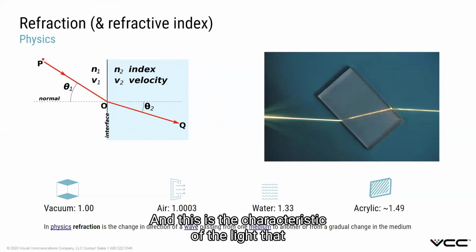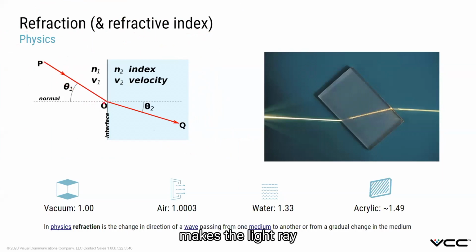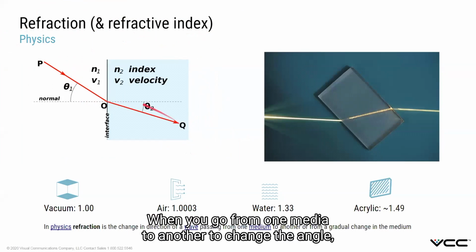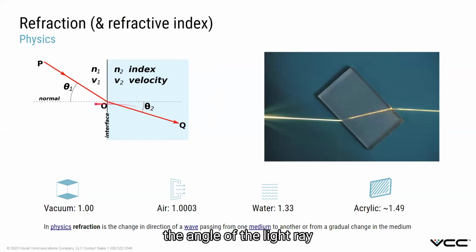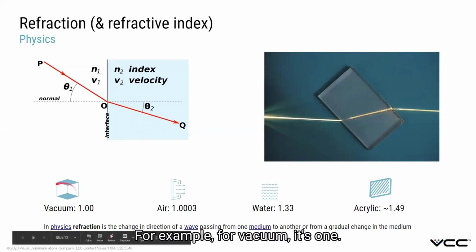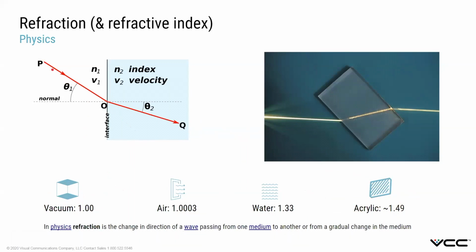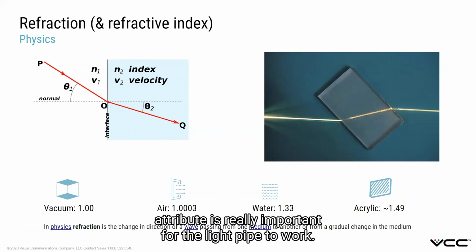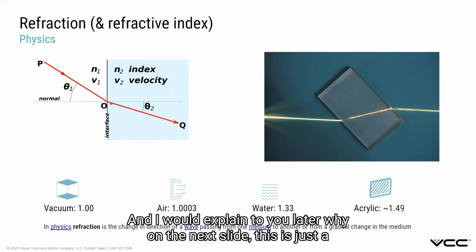This is the characteristic that makes the light ray change its angle when it goes from one media to another. For example, in vacuum, it's 1, so that means that there is no refraction. Air, water, acrylic. What we're trying to say here is this attribute is really important for the light pipe to work, and I'm going to explain to you a little bit why on the next slide.